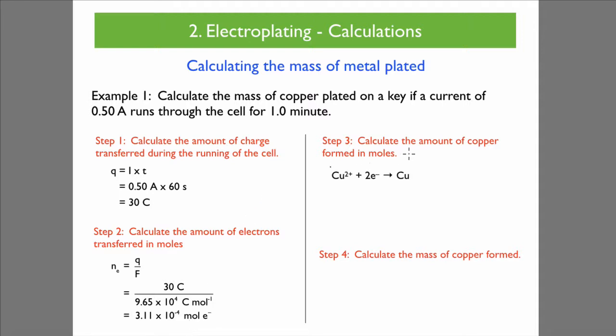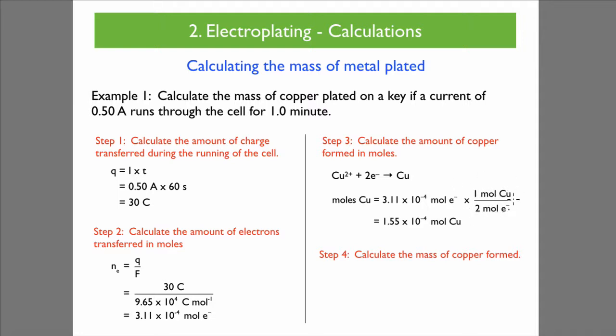Next, calculate the amount of copper formed in moles. Well, we know to fully discharge copper, we need 2 electrons for every 1 ion. And so we've got 3.11 times 10 to the minus 4 moles of electrons, but we need 2 moles of electrons for every 1 mole of copper.